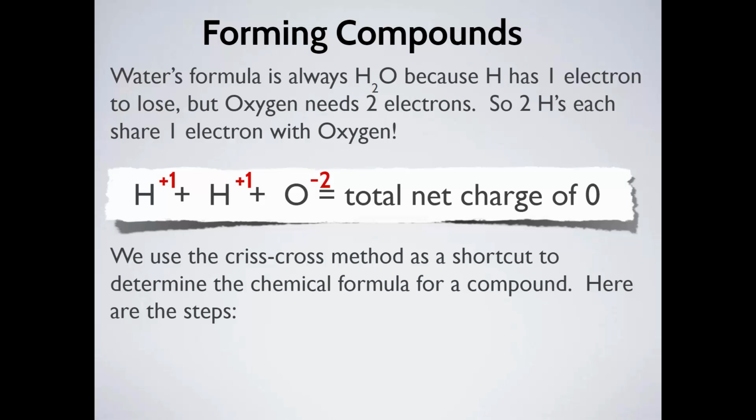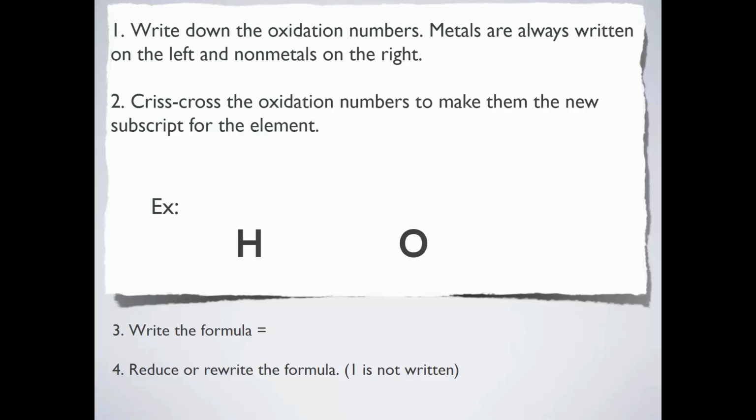0. So we can use this method called the crisscross method to show us the formula when 2 elements form a compound. What we do is we write the oxidation number above the symbol. So hydrogen is +1, oxygen is -2. Then we crisscross the oxidation numbers, and we forget about the sign.